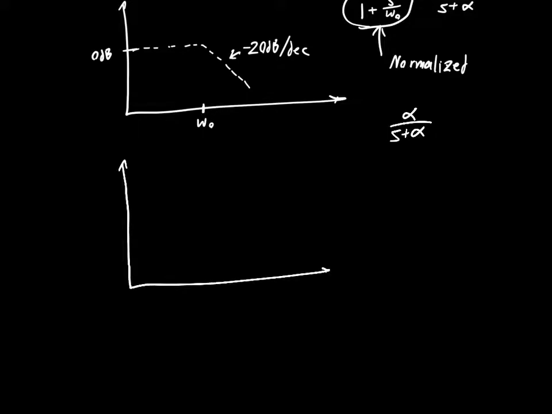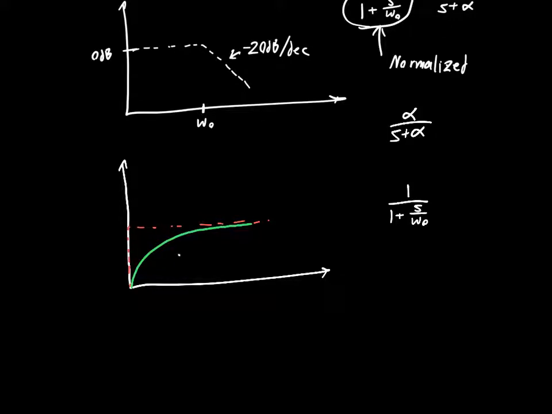So we know the response to a simple first order single pole, 1 over 1 plus s over omega naught. We know that the step response, so if we apply an input step, which is shown in red, the transient response, which is shown in green, will look something like this. It'll be an exponentially decaying, or like a step that has been smoothed.